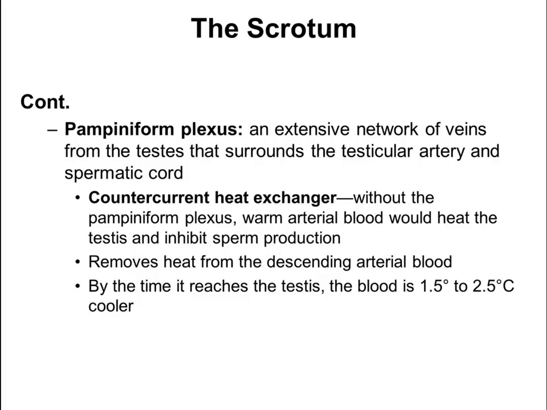But because of this countercurrent heat exchange, the body is able to remove heat from the descending arterial blood. By the time it reaches the testes, the blood is actually 1.5 to 2.5 degrees Celsius cooler than body temperature blood. That's amazing. Again, that plays a role in keeping the testicles cooler and allowing for sperm production.